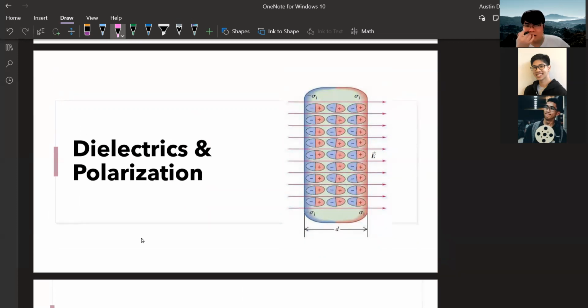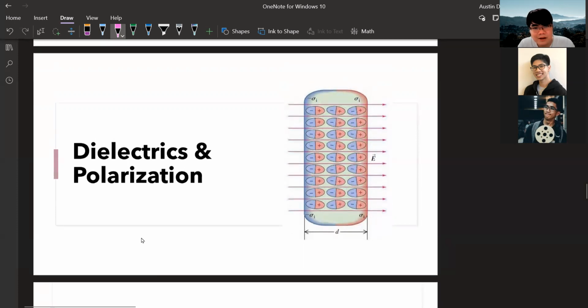Yung mga tinuturo sa atin ng bata, no? Pag insulator, hindi dumadaloy ang electricity. But that is wrong. Okay? Lahat ng bagay ay daluyan ng kuryente, ng electricity. It's just that sa insulators, mahina yung current doon sa material, you don't feel it very much. Okay?